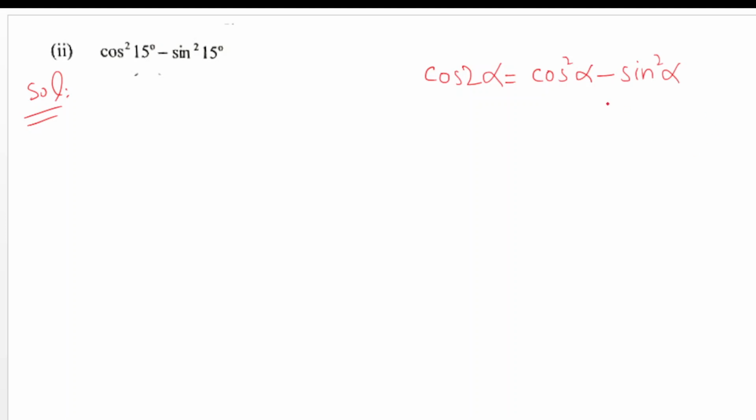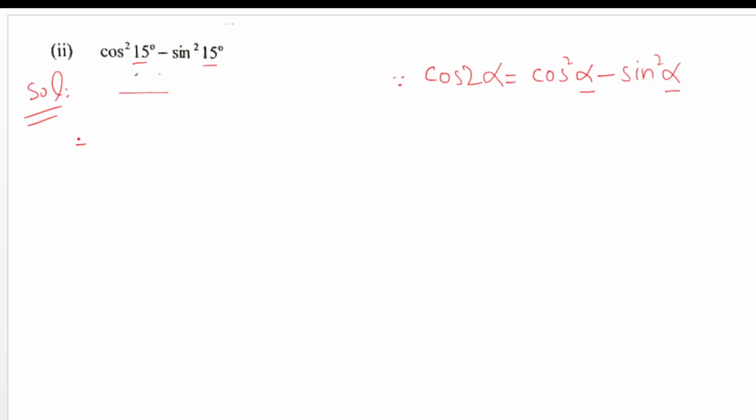Look here, simply both are alpha, so here both are 15. When you see this, it's clear that both angles are the same, so that must be equal to cos 2 alpha. You can use the hint in the paper on the right side or just down here, no problem.